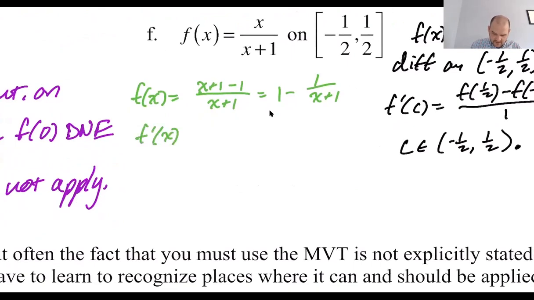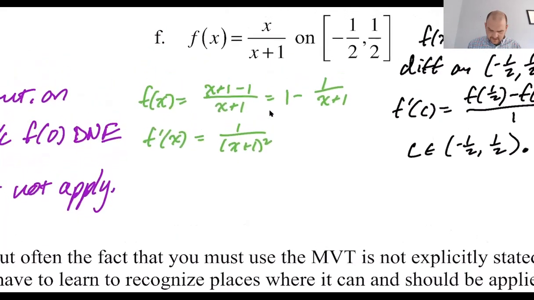So f prime of x is going to be +1 over x plus 1 squared. Okay, why is it positive? Because the derivative of 1 is 0. I'm thinking of it as negative quantity x plus 1 to the negative first. Bring the exponent down, negative times -1, +1, then subtract 1. You get -2, but bring it down to the denominator. So that's where that's coming from.